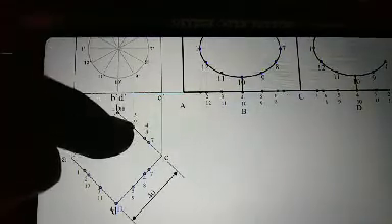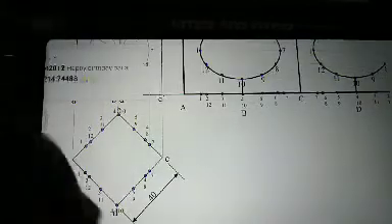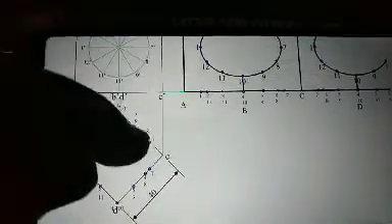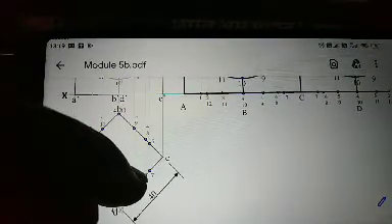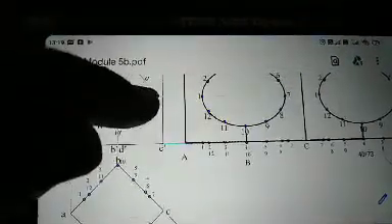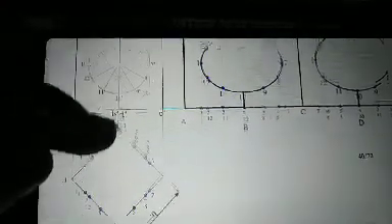Then 9 5 will cut BC here and CD here. 6 8 will cut BC here and 6 8 will cut CD here. And after that, the last point is 7.